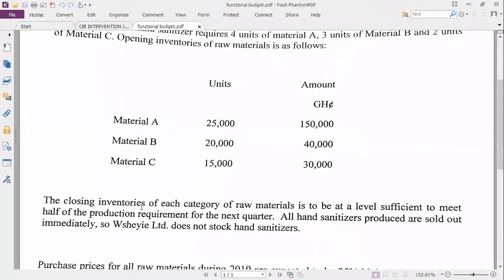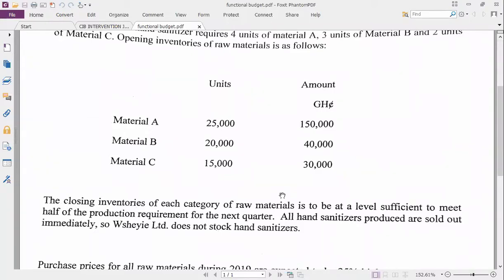The closing inventory of each category of raw materials is expected to be at a level sufficient to meet half of the production requirement for the next quarter. You know, we are in quarter 3. This budget is for quarter 3.